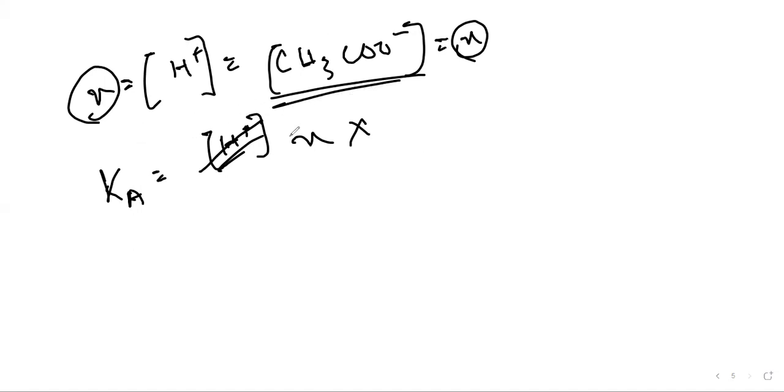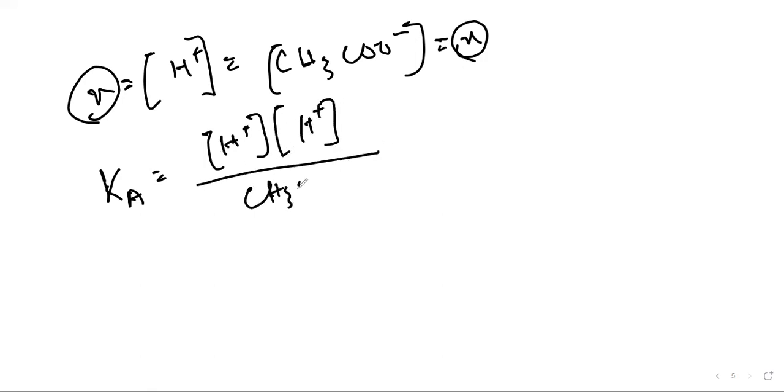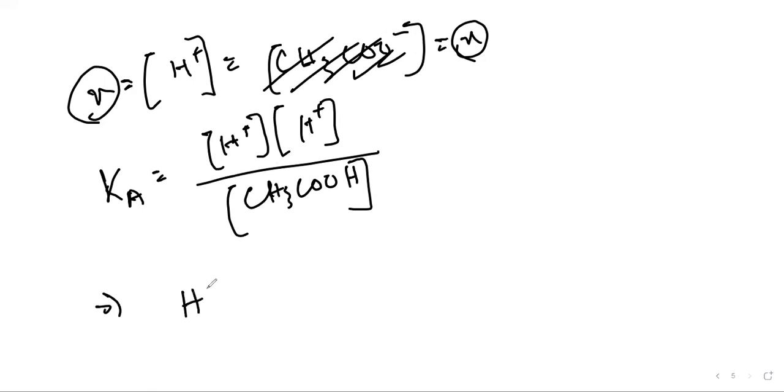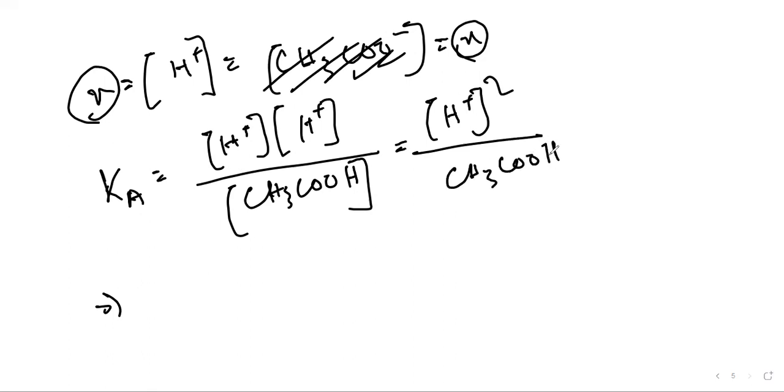So in terms of the equation, we can write H plus squared divided by CH3COOH. Now see, one of our variables, CH3COO minus, has been removed. We don't need to deal with that anymore. So with H plus and H plus here, you can simply form an equation to find the value of H plus. Let's simplify this first. This could also be written as H plus squared, then Ka multiplied by CH3COOH.